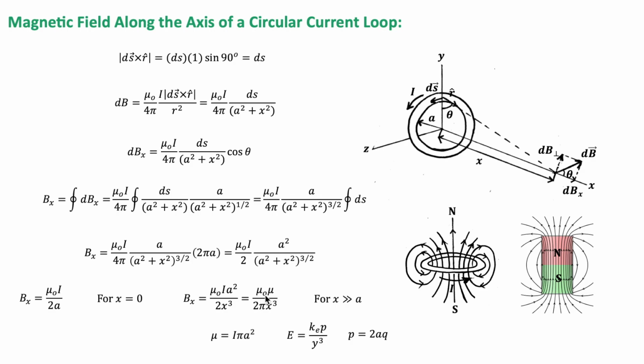So we substitute here, so μ0 μ over 2π x³. And this expression is similar to that of the electric field of an electric dipole, okay, where E is equal to k p over y³ at points far away from the dipole, and the electric dipole moment is equal to 2a q.